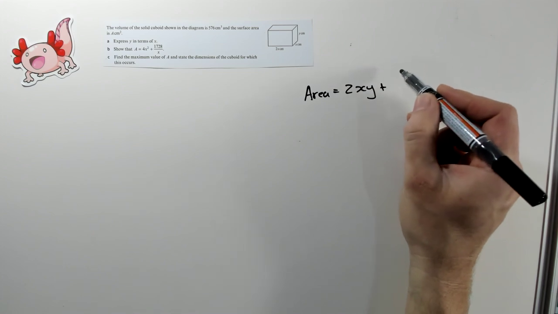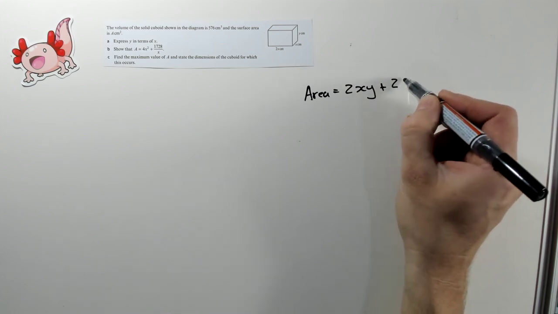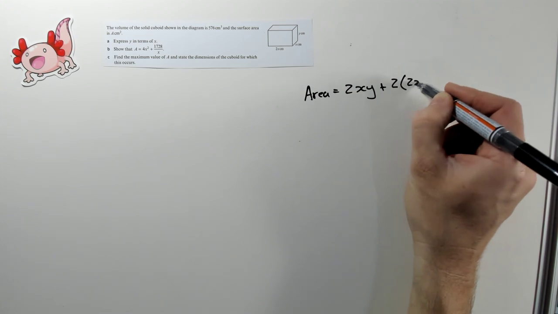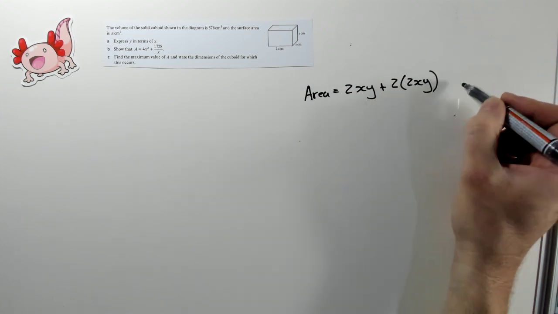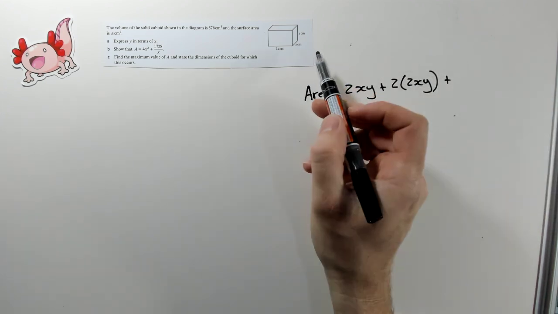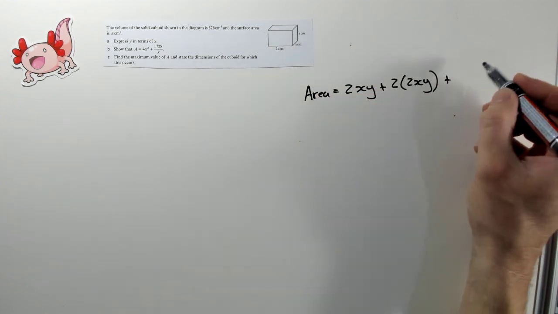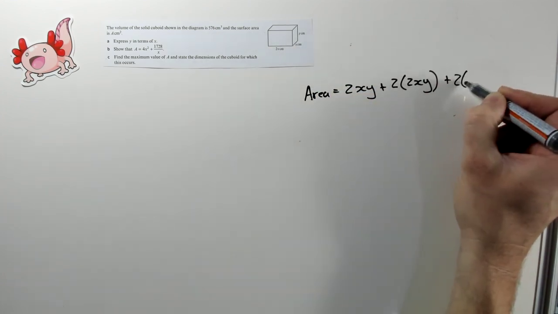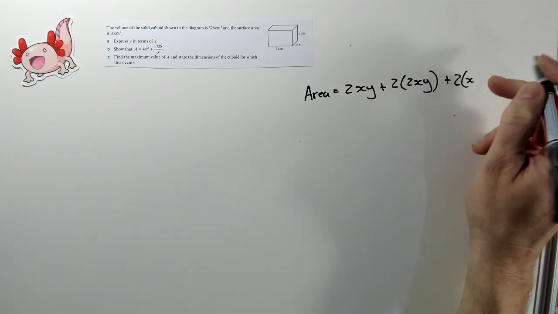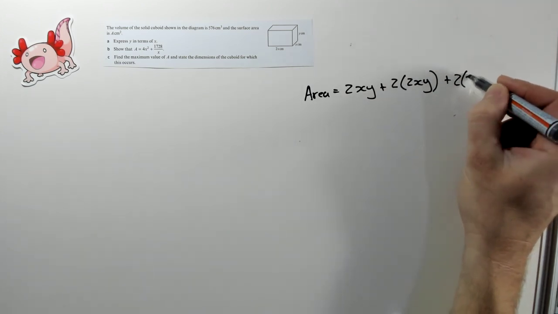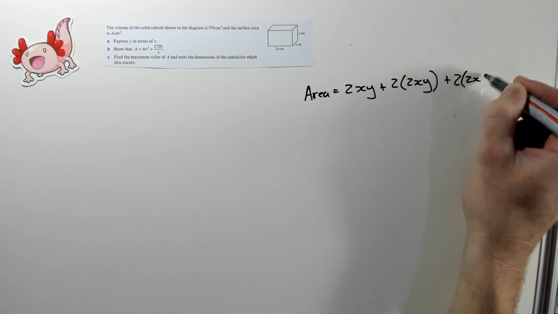So it's going to be 2 times 2x times y, plus 2 times 2x times x, so that's going to be 2x squared.